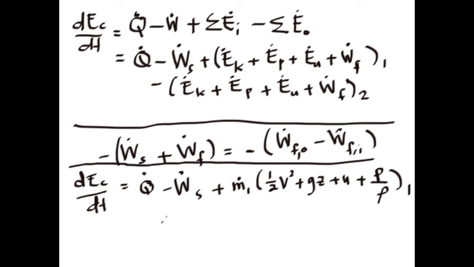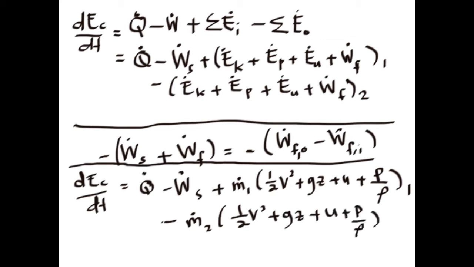While for the outlet, you should get m dot 2 times half v squared plus gz plus u plus p over rho for the outlet.